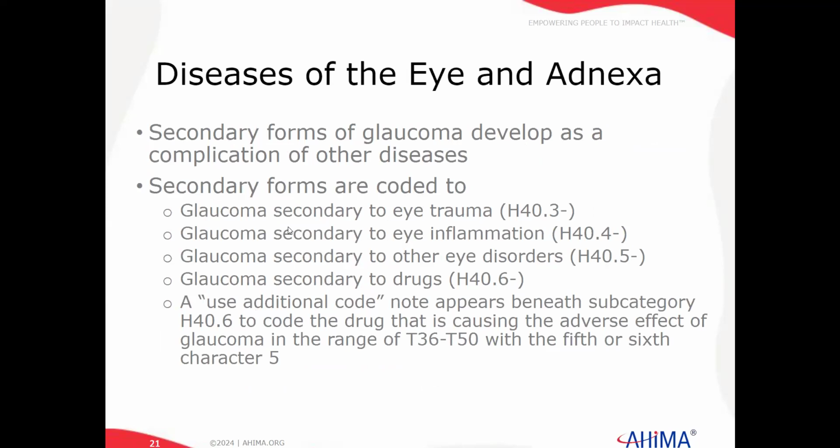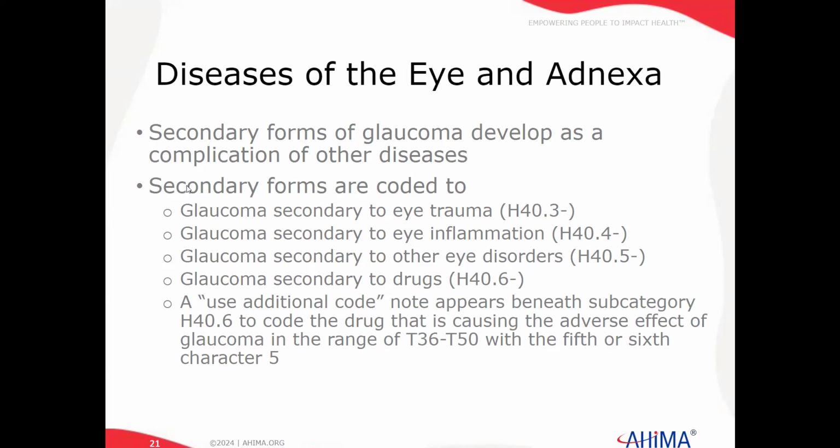And like retinopathy, where it can be secondary to diabetes or prematurity or what have you, we can have glaucoma developing as a manifestation of another disease. This can include eye trauma, eye inflammation, some medications, and you'll see that there'll be very detailed instructions to use additional code that will show up beneath the code subcategory.